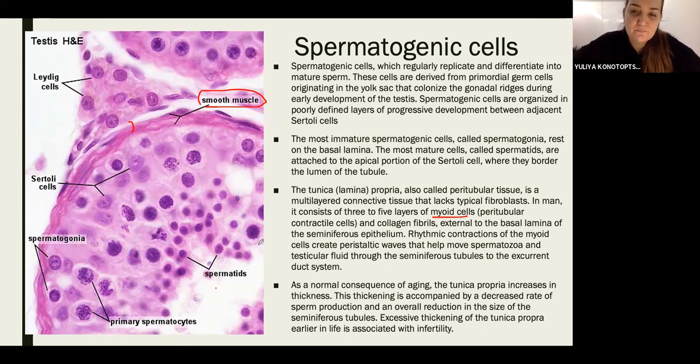So they can move. Due to normal consequence of aging, tunica propria becomes thicker and thicker the older you get. So more and more tunica propria is being added the older you get.